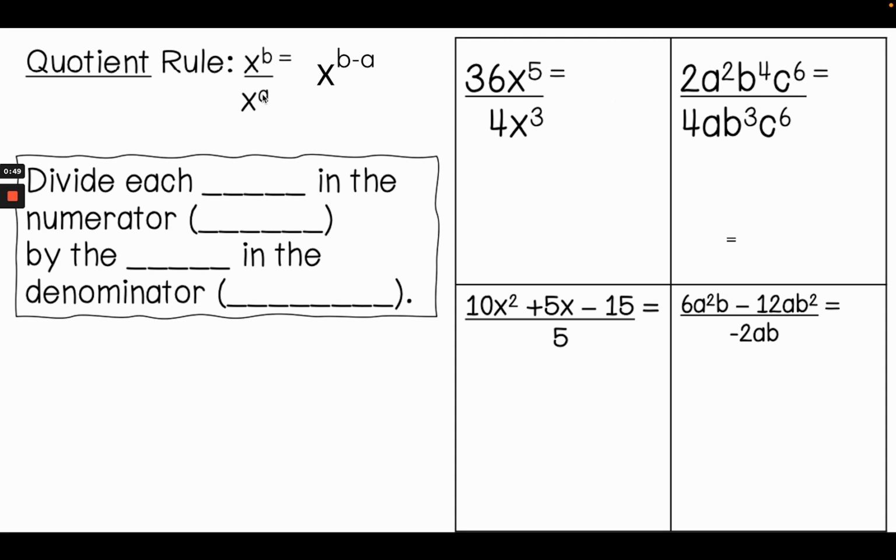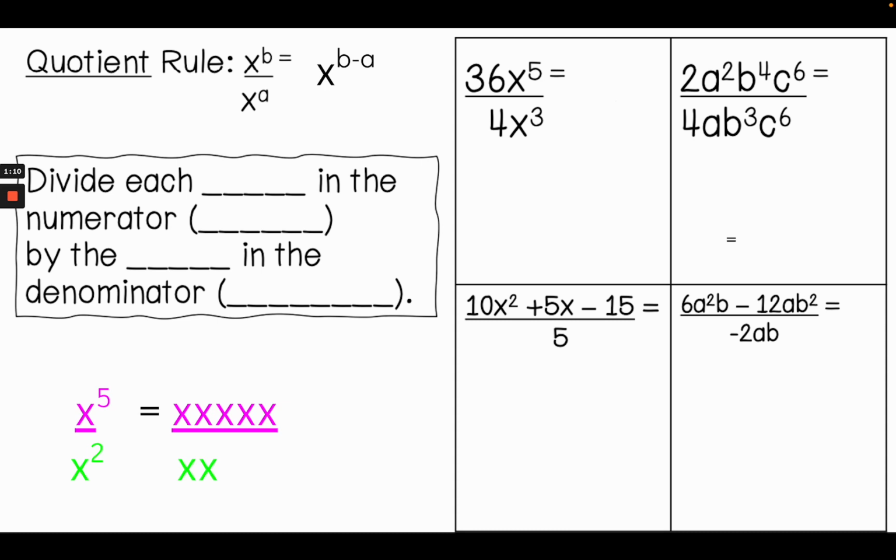Now this is what it would look like with numbers. So like x to the 5th power divided by x to the 2nd power. If I wrote it out, it would be x times x times x times x times x divided by x times x.